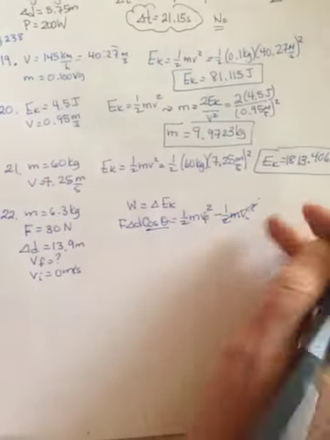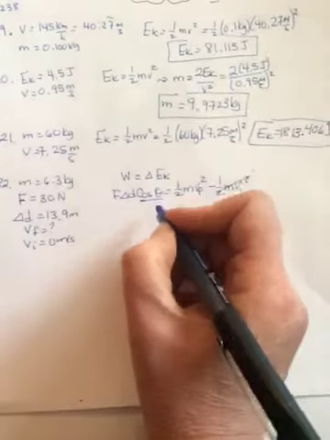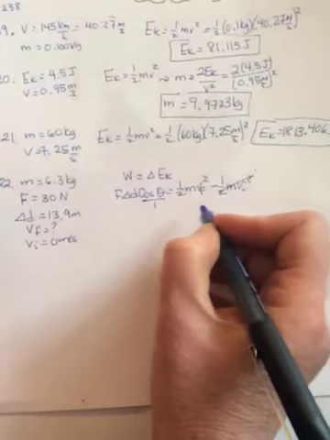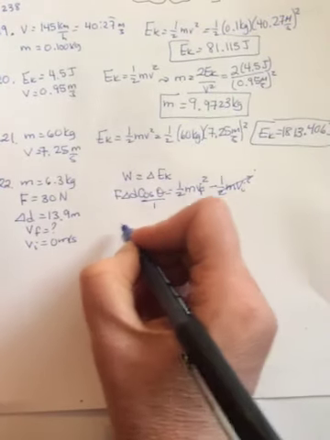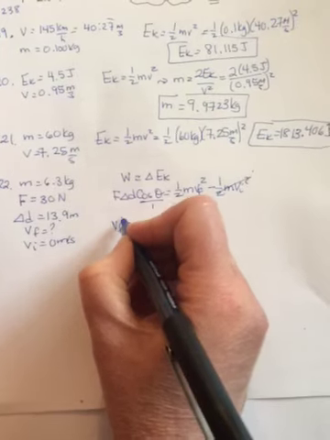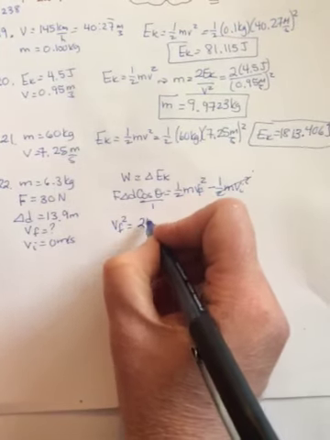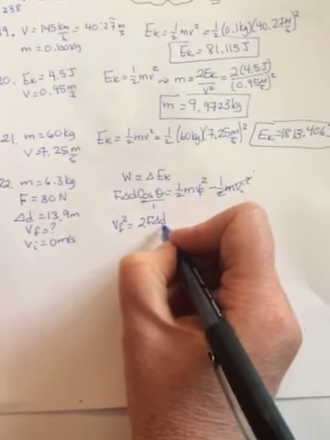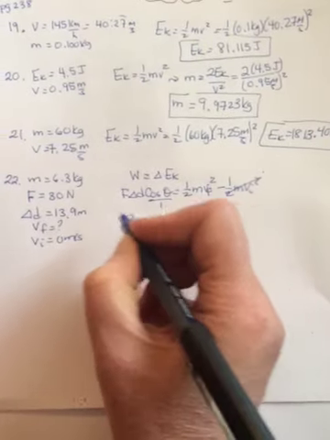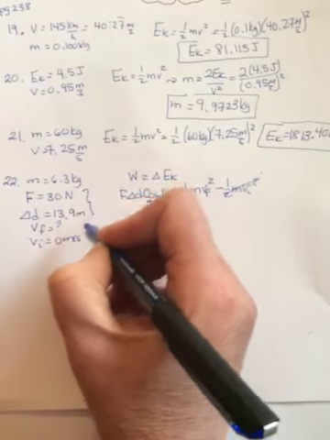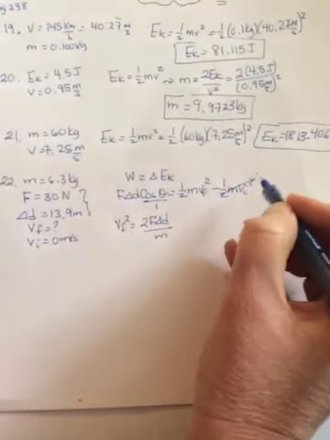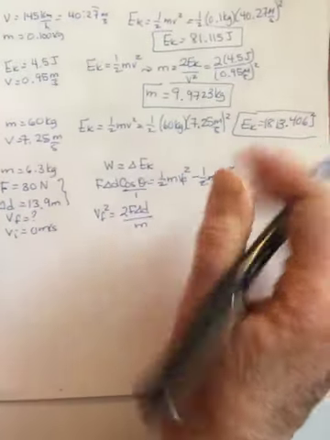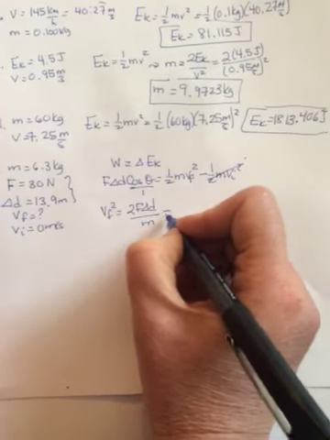The angle is 0, so cos theta becomes 1. And we're looking for vf. So multiply both sides by 2 and divide by m. And you'll get vf squared equals 2F delta D over m. Now if you had wanted, you could have done this first and gotten your W and then set it equal to 1/2 m vf squared minus 1/2 m vi squared. It would be the same thing.